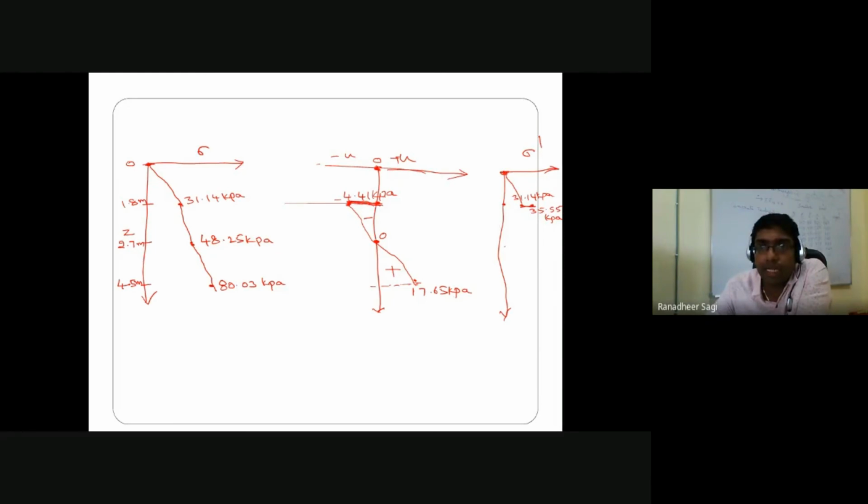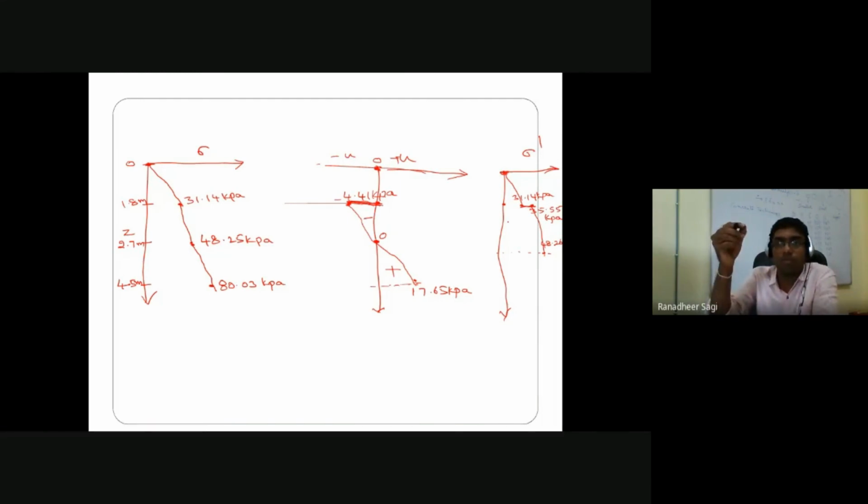Next, at point C position, how much is your effective stress value? 48.26. Join from here to here by means of a straight line. Understand how I am plotting and from where to where I am joining it. From 31.14 to 35.55 at the same depth, there is a sudden increase.